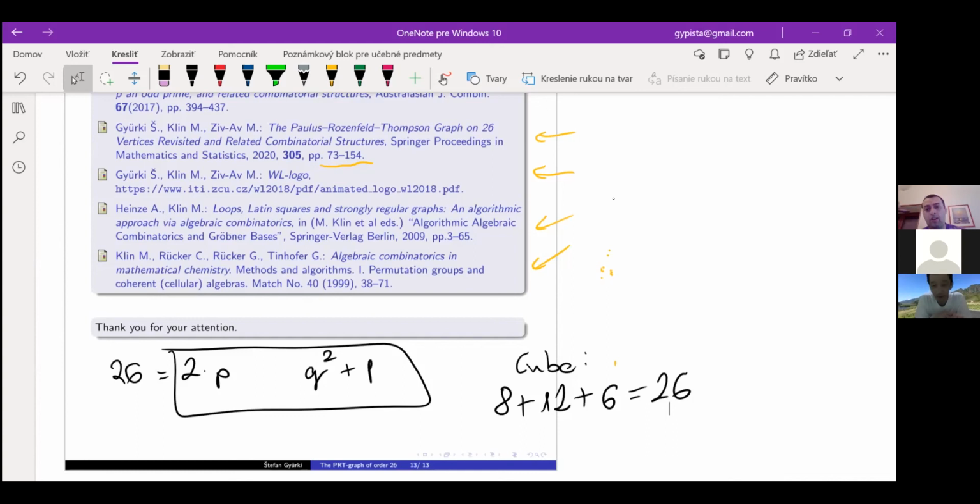For example, the graphs on 25 vertices are grouped in groups 8, 4, 2, and 1. And those which have 26, I think they are 4, 4, 1. I don't know now the precise numbers, but it is in this paper, altogether with automorphism groups and such things.